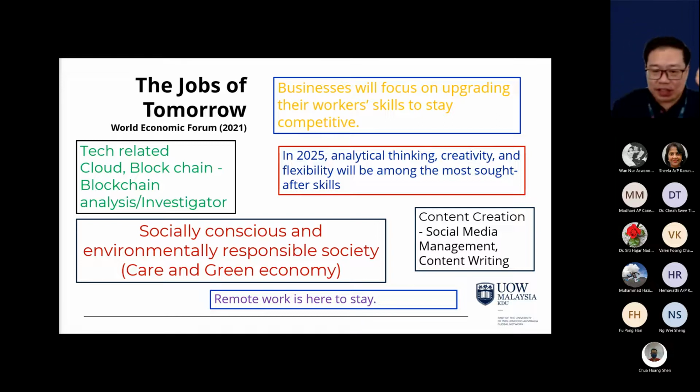So if this planet deteriorates and is not fit for human living, then what is going to happen? What is the worth of wealth? So there is this drive. Are we as educators preparing our students for this socially conscious and environmentally responsible society?